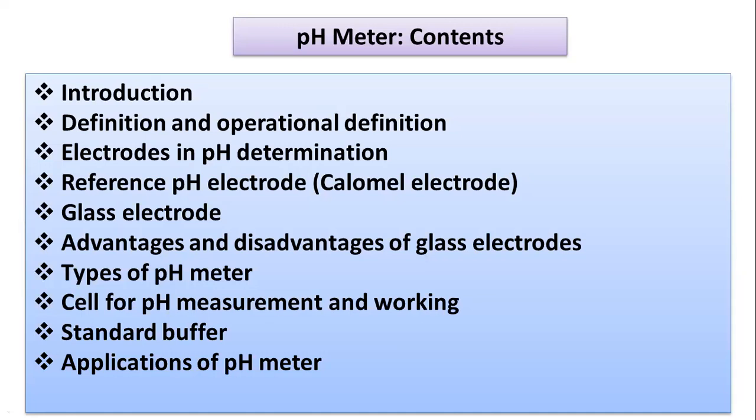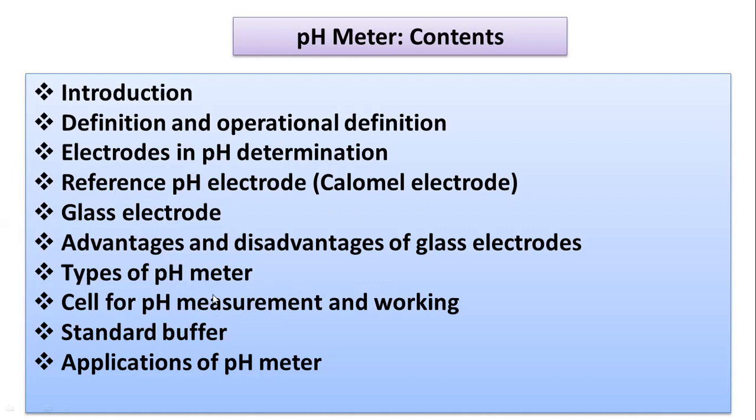Initially we'll discuss the introductory part of pH meter, then the definition and operational definition of pH, various electrodes used in pH determination, the reference pH electrode, that is also called the calomel electrode, then the glass electrode, advantages and disadvantages of the glass electrode, and types of pH meter.